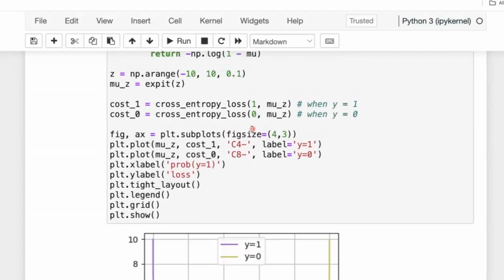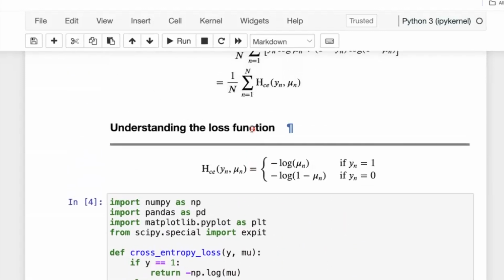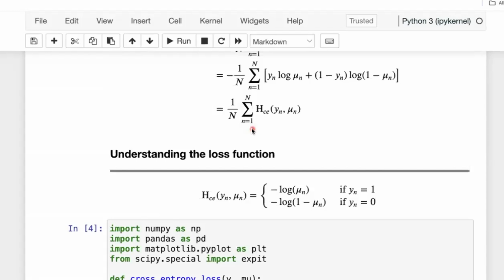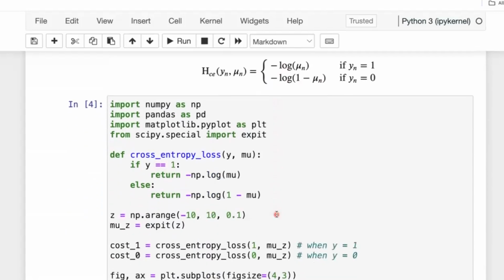So that's the interpretation of this cross-entropy loss function, which is very important because even in the case of neural networks and deep learning, it's the most widely used loss function when solving classification problems. So it's important to understand what this loss function implies.